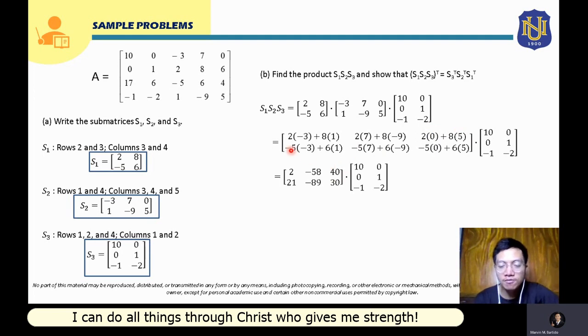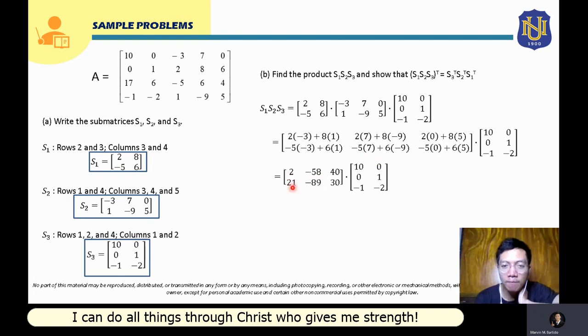Negative 5 times negative 3 plus 6 times 1 will be 21. Negative 5 times 7 plus 6 times negative 9 will be negative 89. And negative 5 times 0 plus 6 times 5 will be 30. This is the product, and we have to multiply this further to the third submatrix. Again, we have to check if they can be multiplied.